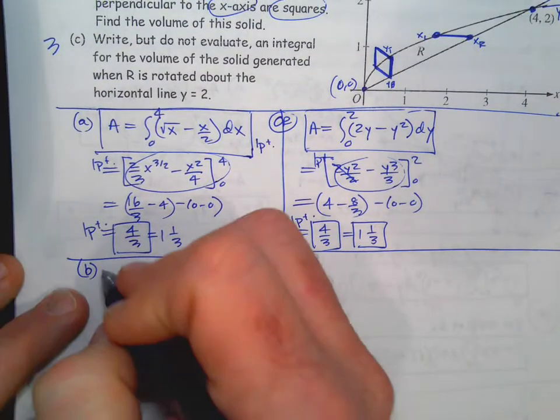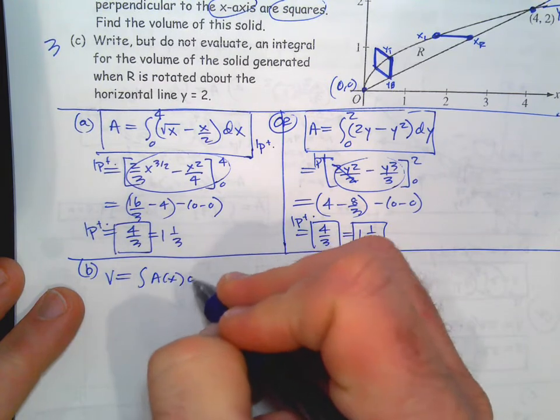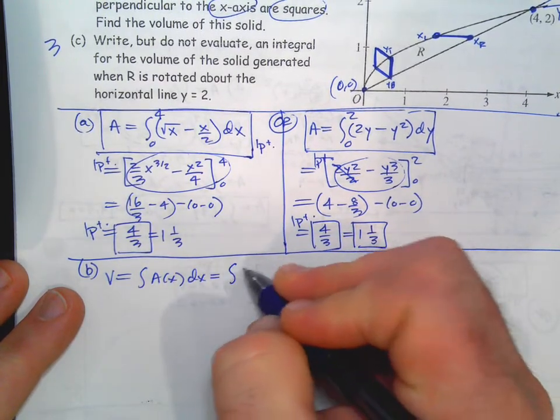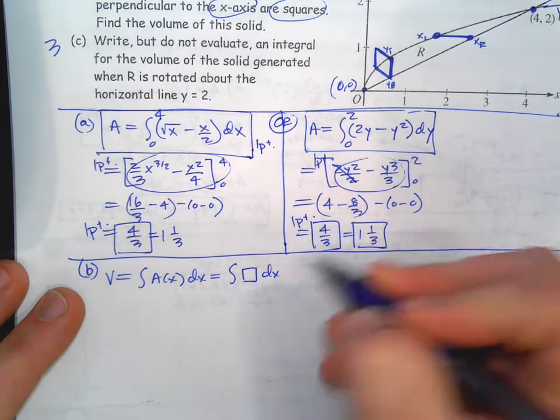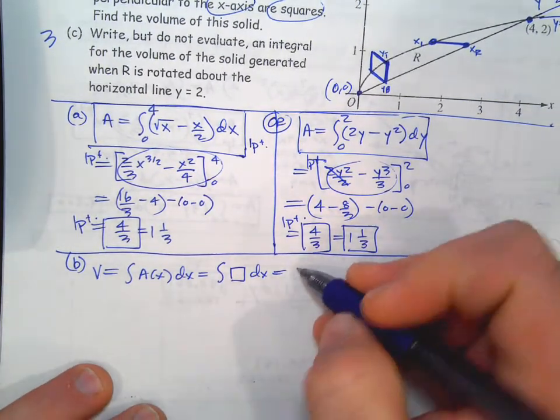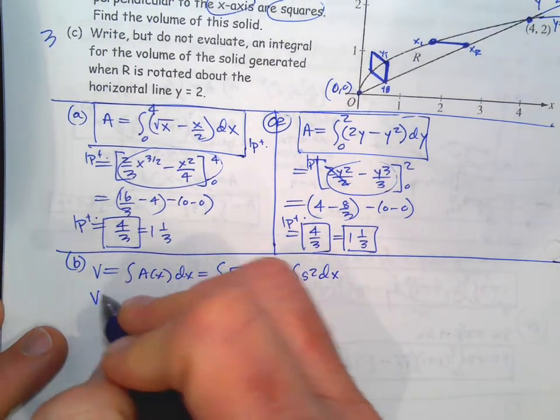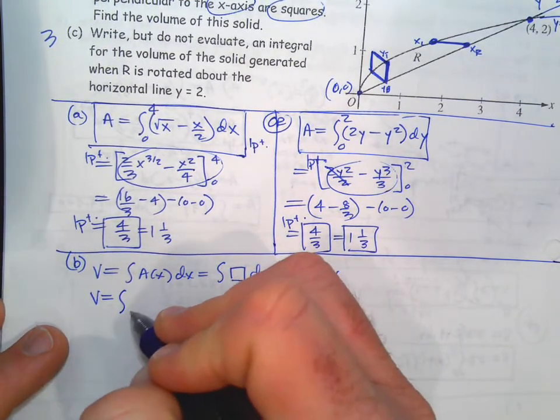Volume equals some area formula. They're squares, and this you have to do with vertical slices. You don't have the option. It's going to be side squared. We're going to integrate in the x direction, 0 to 4.